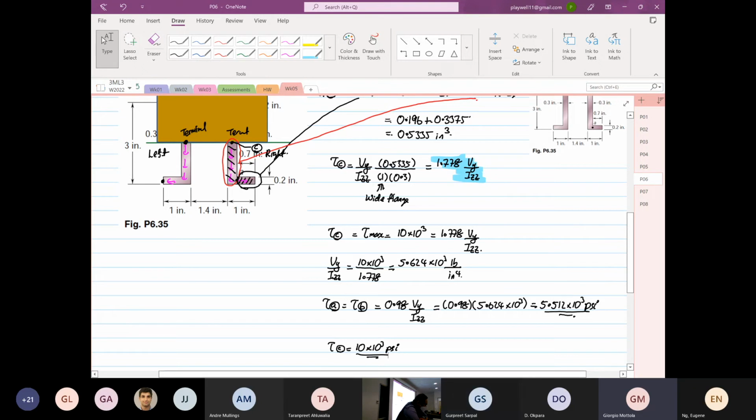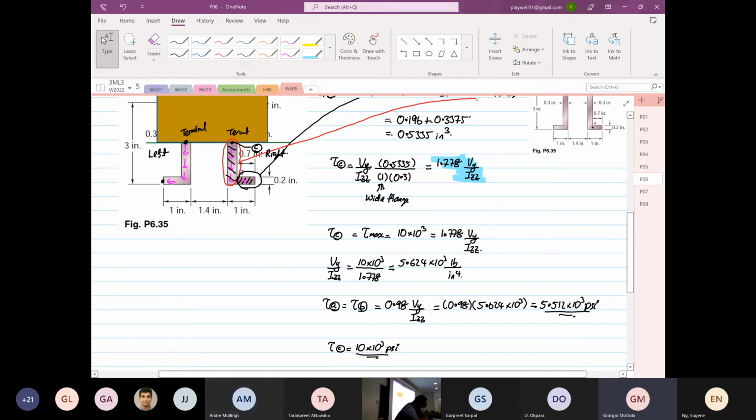Yeah, but not always the case. That one depends on your thickness. Tau max depends on your thickness. It's not just based on Q. What's the relationship to determine that?